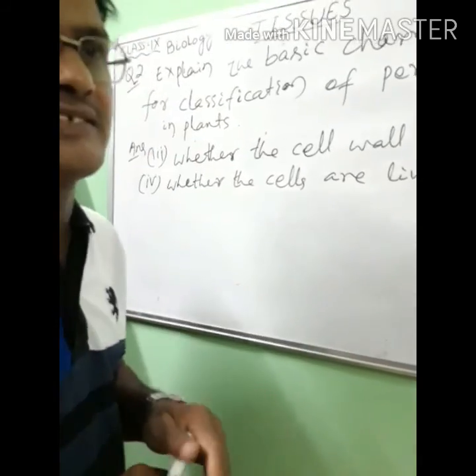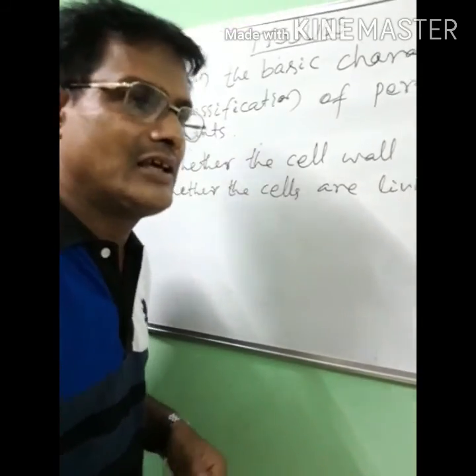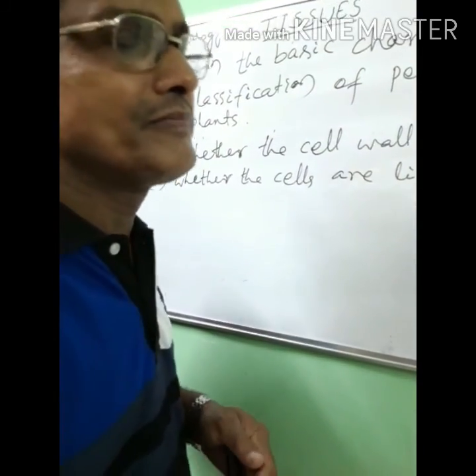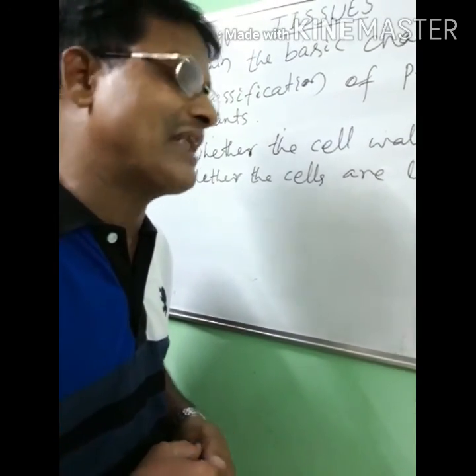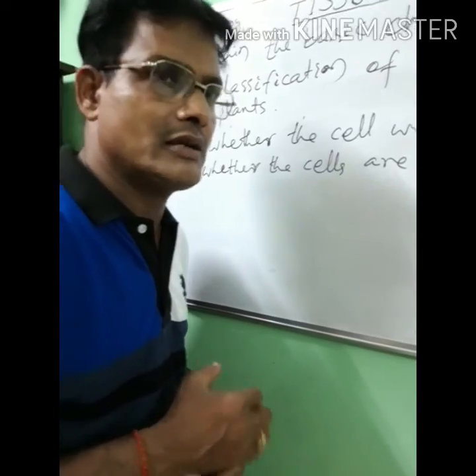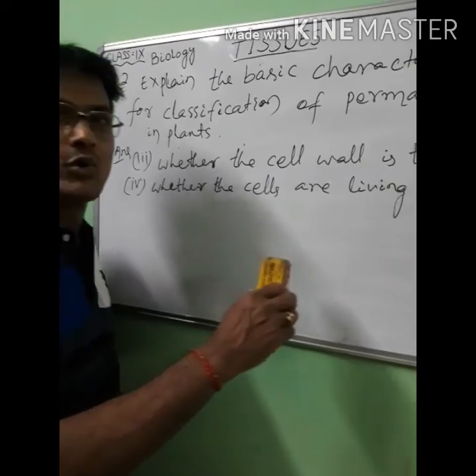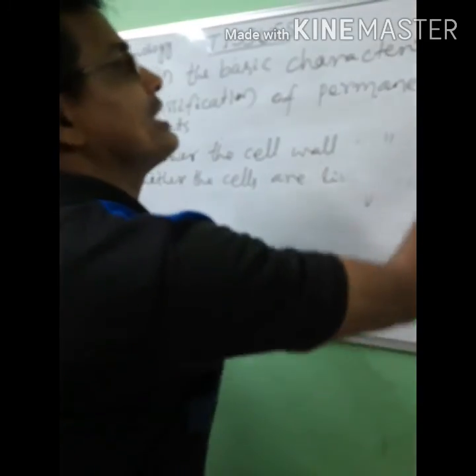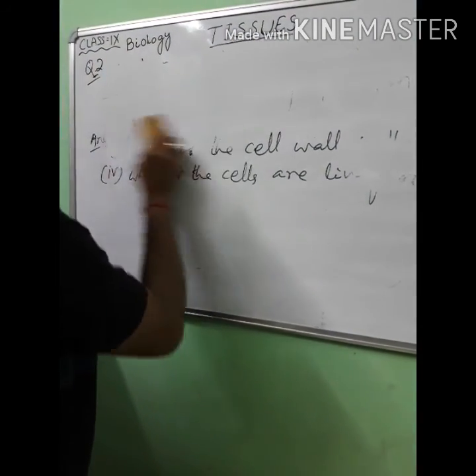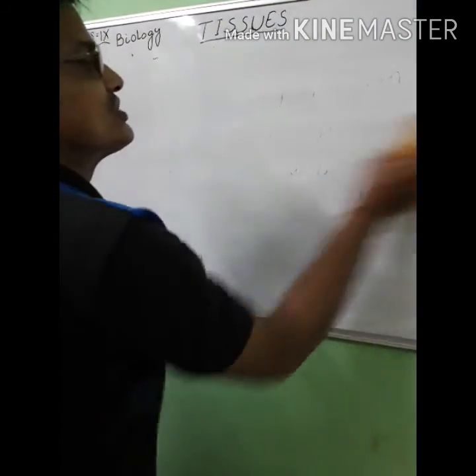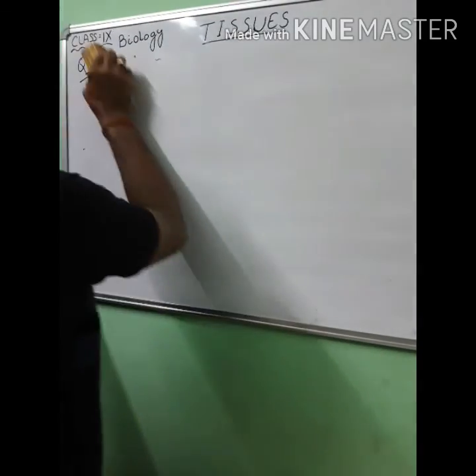So these are the four characteristics for the classification of permanent tissue in plants. Clear? Question number 3.